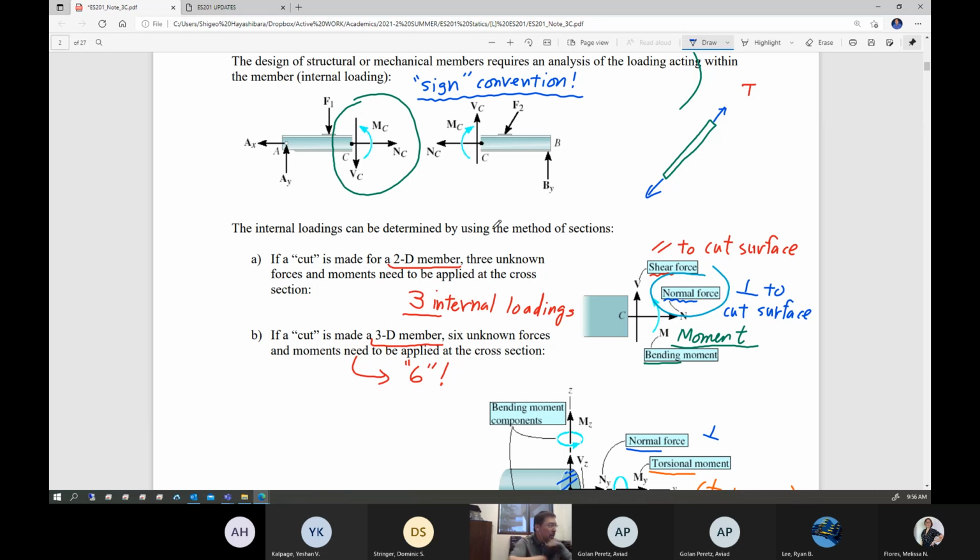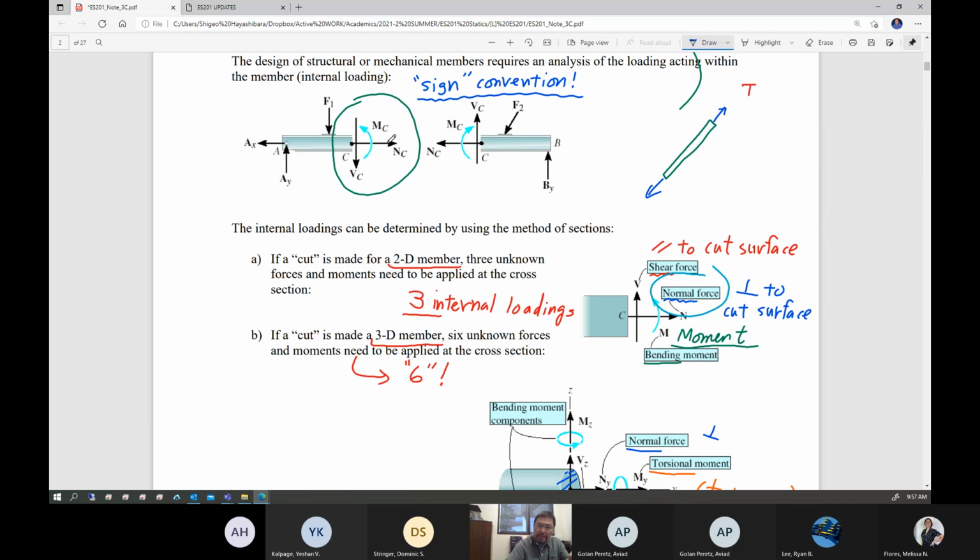So if you cut this member, exposing the right-hand side of the member, that means this is a sign convention. I have no clue the actual direction, but sign convention-wise, I'm going to set NC going to the right. This means this is tensile.